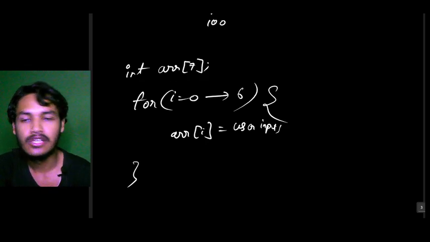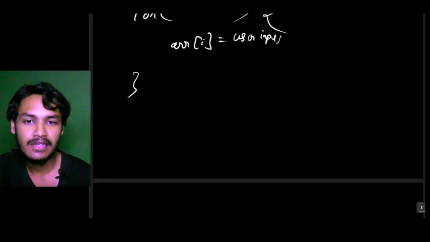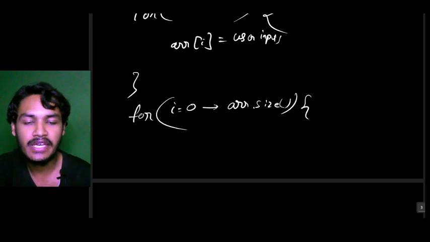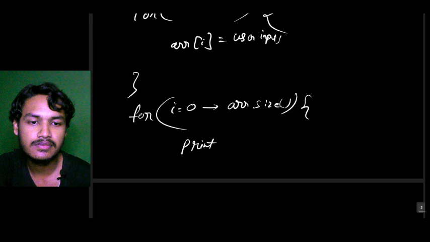And if you want to print the data, again you can run a for loop from i equals 0 till the size of the array, and then you can just print the array of i.